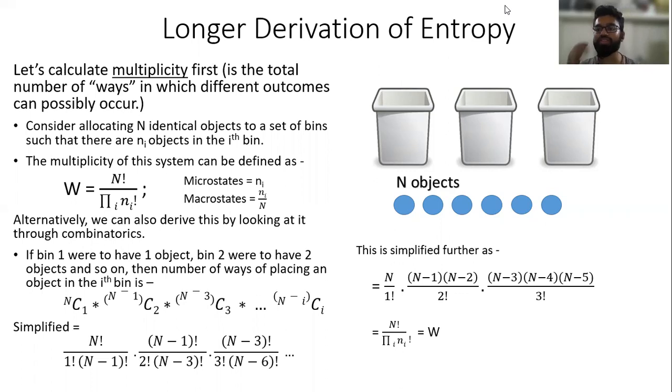If the first three objects were placed together in one bin and the rest had one object per bin, then we just have n factorial divided by 3 factorial.